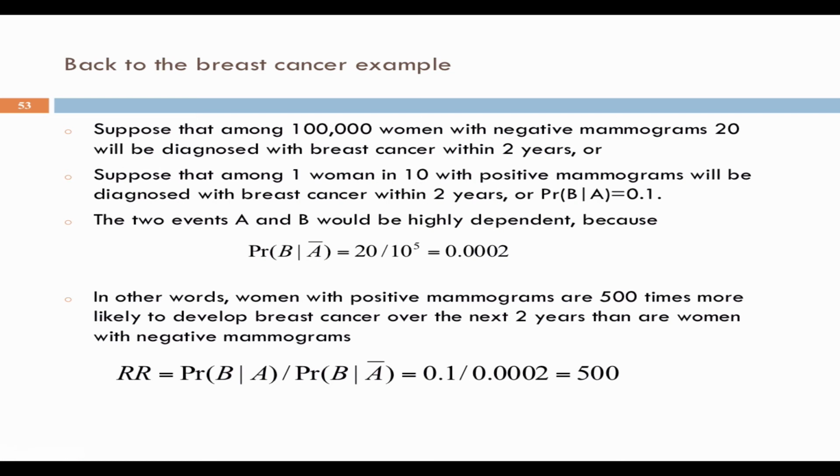Given these two conditional probability estimates, the relative risk of a positive mammogram on breast cancer is defined as the ratio of those two conditional probabilities. So that's 500. This number quantifies that there's a very high dependence between mammogram results and breast cancer.